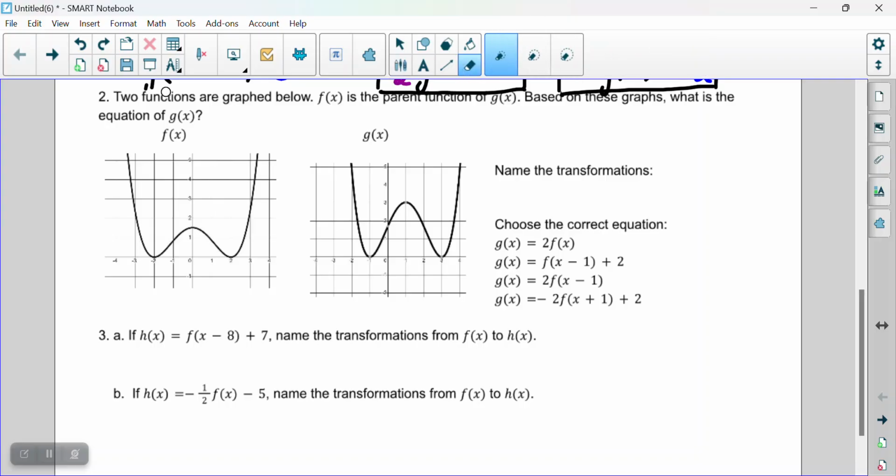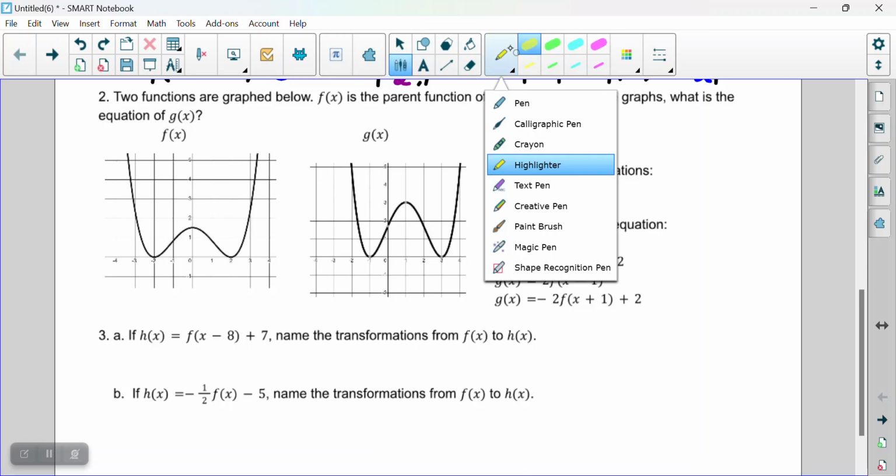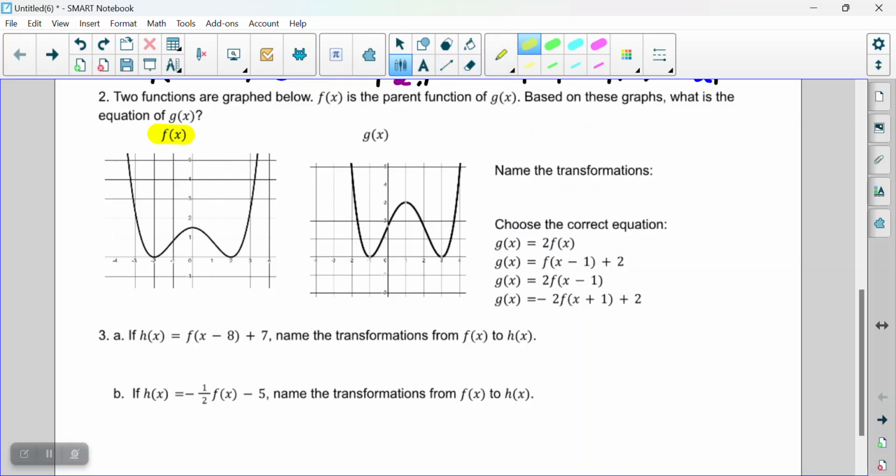Two of the functions are graphed below. F of x is the parent. Based off these graphs, what is the equation of g of x? Okay. Here's f. Here's g.